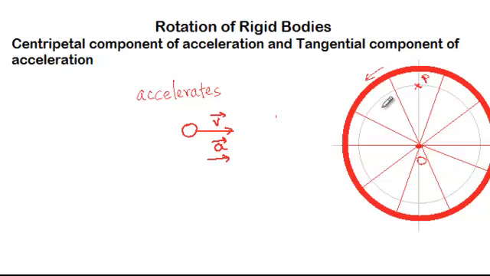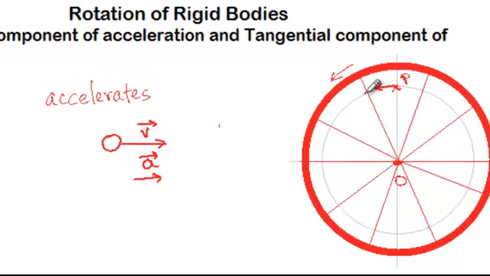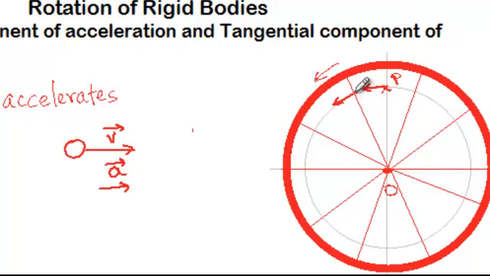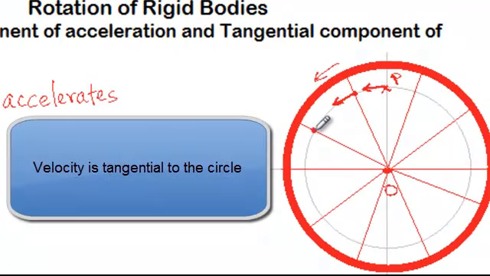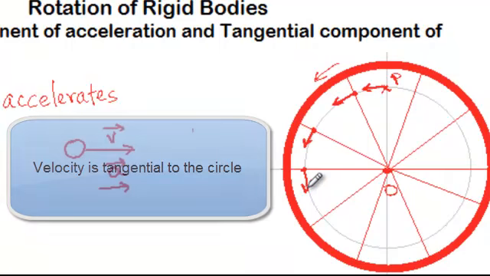As the particle moves along a circular path, first of all, let us see what is the direction of its velocity. The direction of its velocity at each instant is tangential to the path. Say the particle is here, then this is the direction of its velocity. If the particle is here, this is the direction of its velocity. So the direction of the velocity at each instant is tangential to its path.